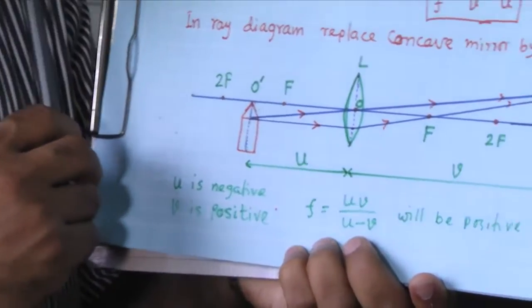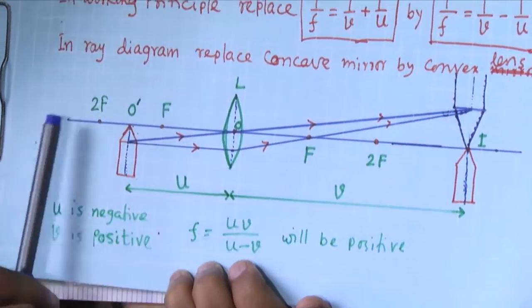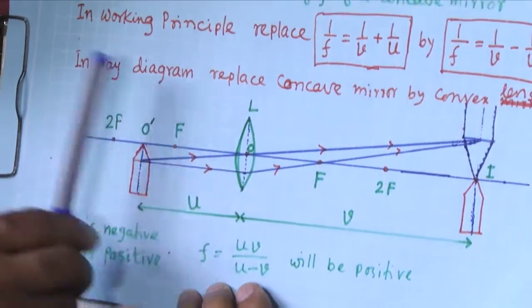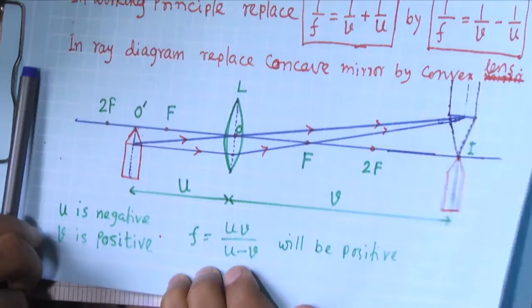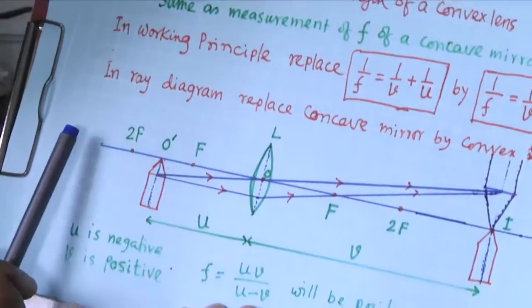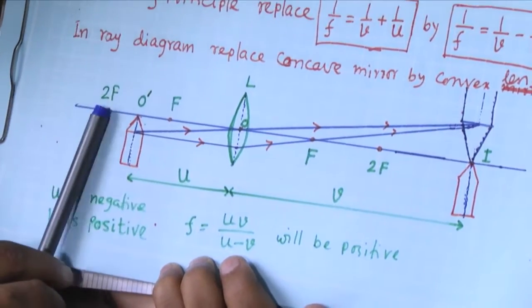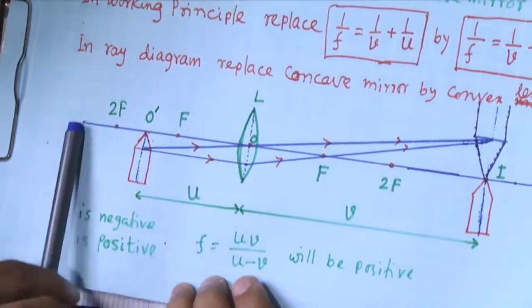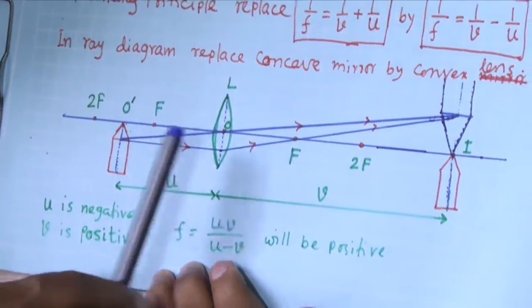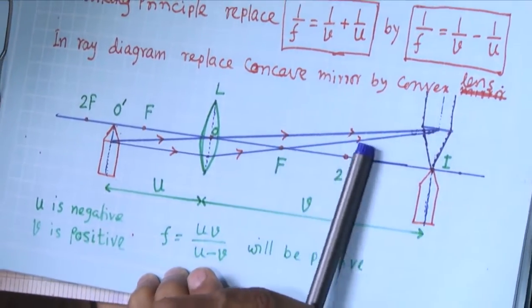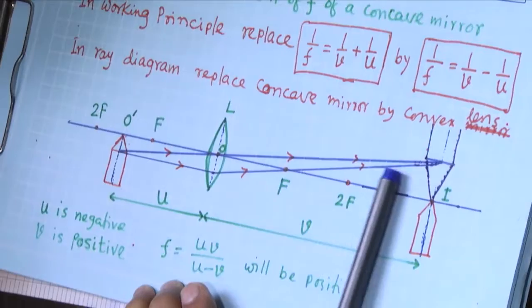Now, if you decrease the distance between the object and the lens, means you are bringing the object from infinity towards the lens, when the object distance is greater than 2f, or greater than the radius of curvature of the lens, then the image will shift away from the focal point.